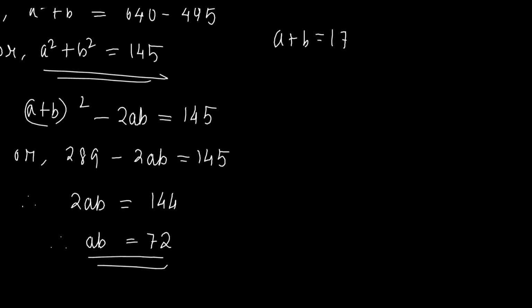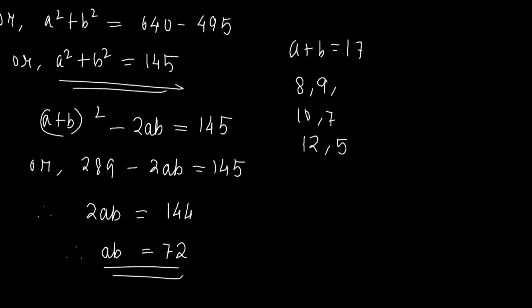So we can take the numbers. A plus B is 17 means what numbers are possible? 8, 9 possible; 10, 7 possible; 12, 5 possible. We have to see which one is matching here. 10 square plus 7 square is not 145.